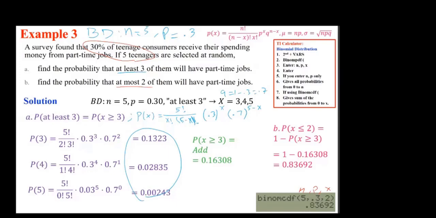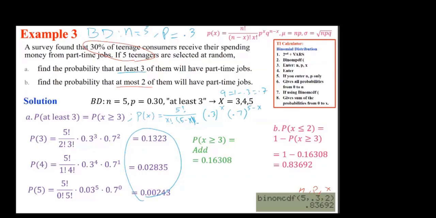Now, if you were to use the technology, in essence, you really have to use part B first, and then A would be 1 minus B. If you want to use the binomial CDF just the way it is for part A, it's 1 minus part B, because of the way binomial CDF works: after n and p, you have to use x.